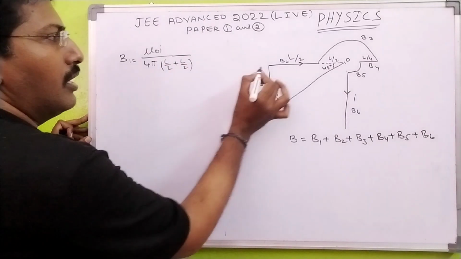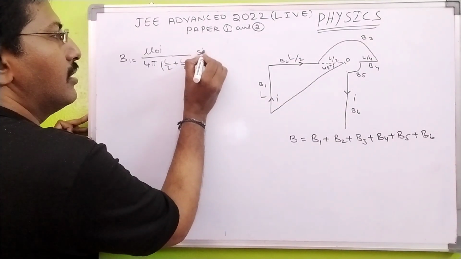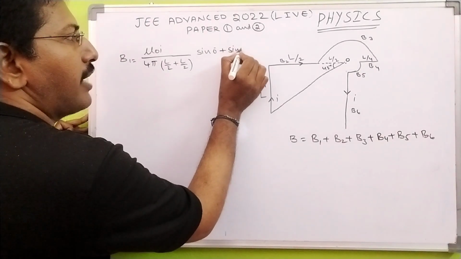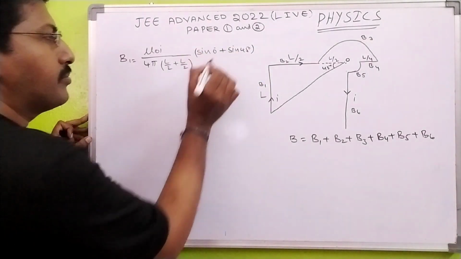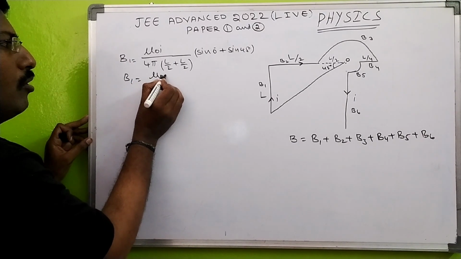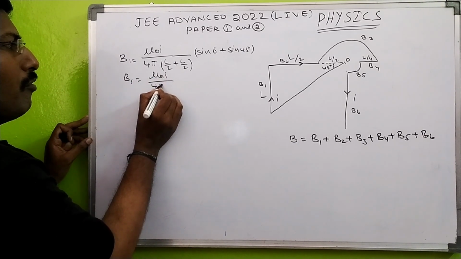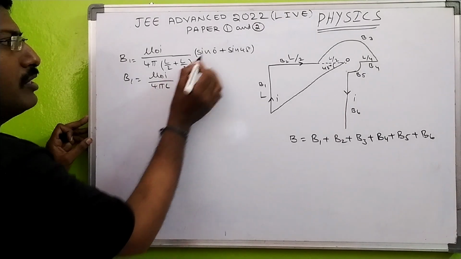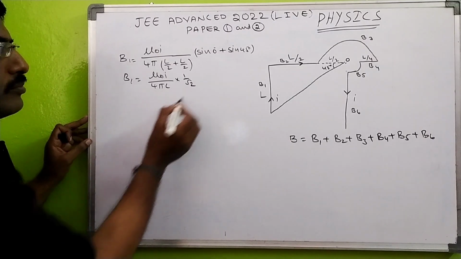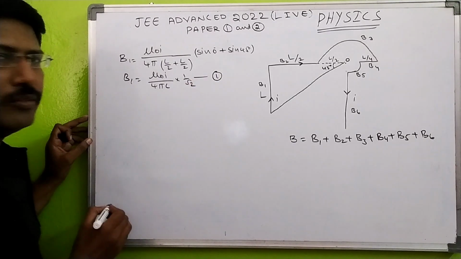Next, this side, sine 0 plus sine 45 degrees. If you simplify, B1 is equal to mu naught I by 4 pi L times sine 0 plus 1 by root 2. This is the first value.